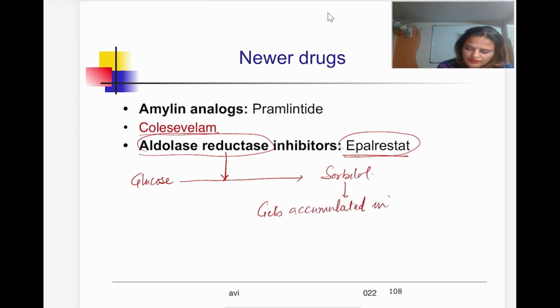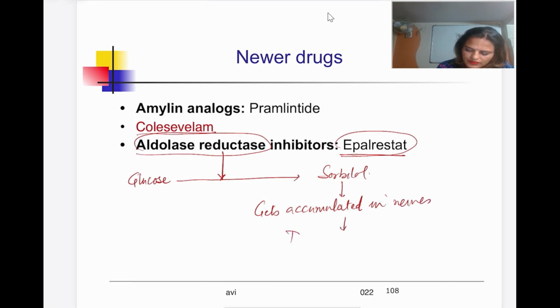In the nerves, and it leads to diabetic neuropathy.